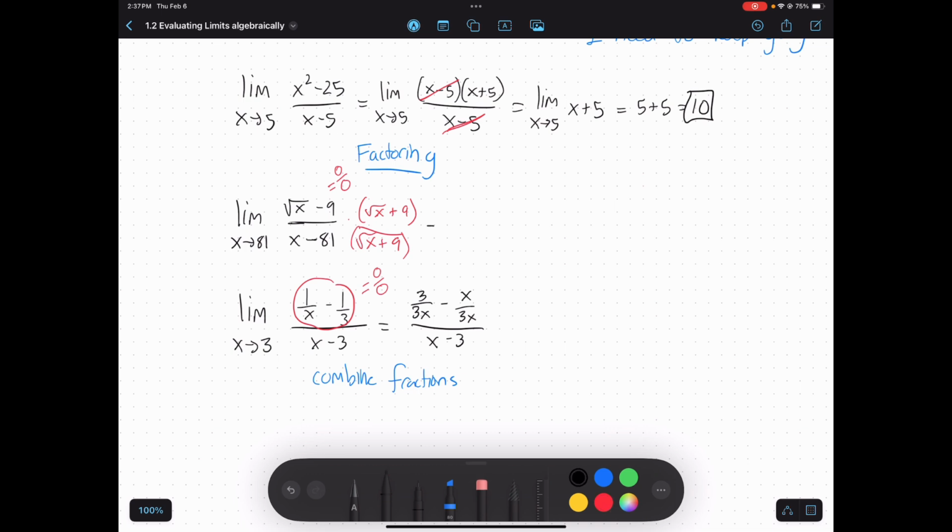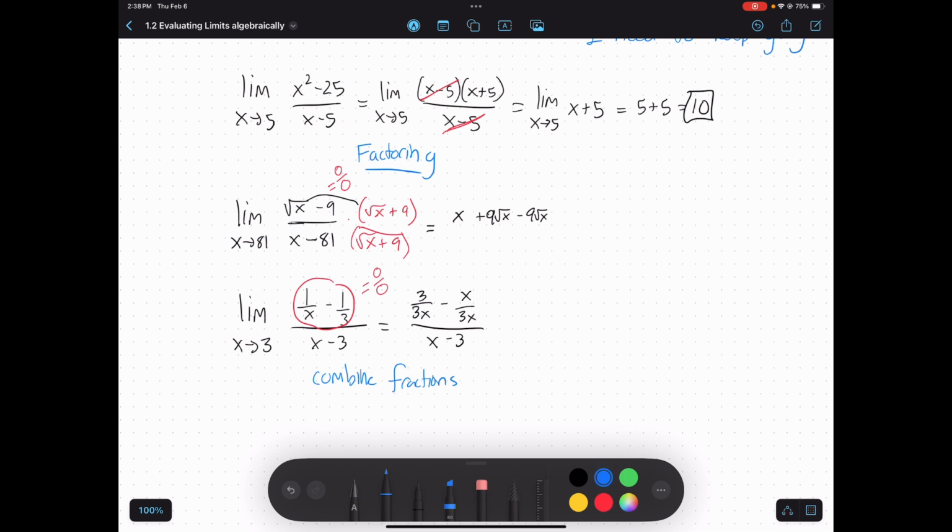Thinking about it now, just to finish this conjugation one, or at least get us a little bit farther, what happens when you multiply a factor by its conjugate? Square root of x times square root of x gives you just x. Square root of x times positive 9 gives you 9 square root of x, but then negative 9 times square root of x gives you negative 9 root x. So those terms will add to equal 0, right? You get plus 9 root x minus 9 root x.